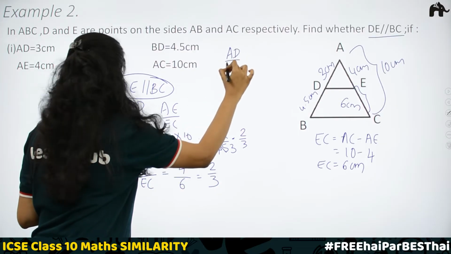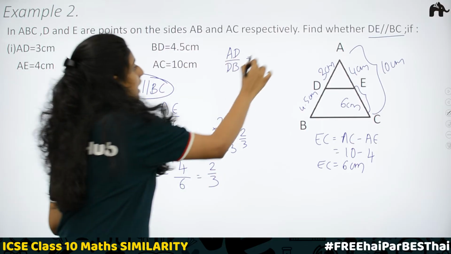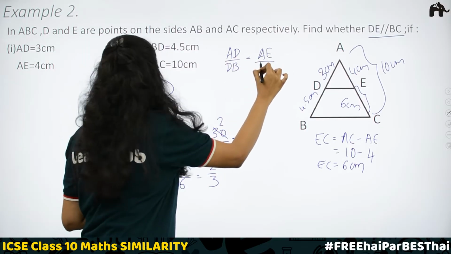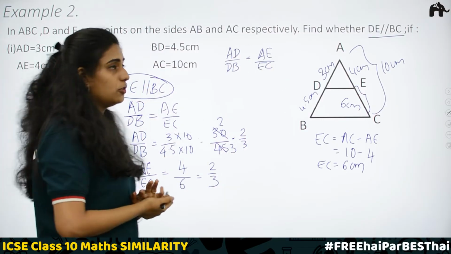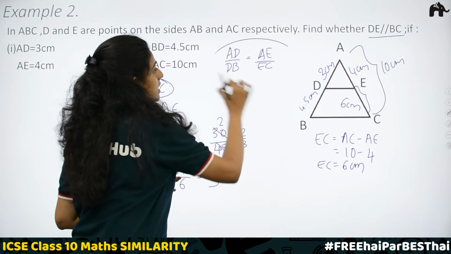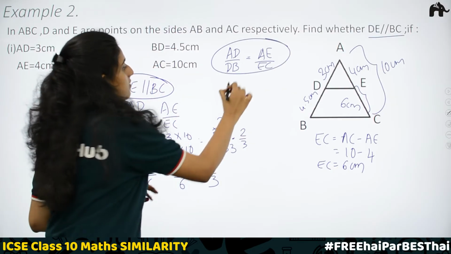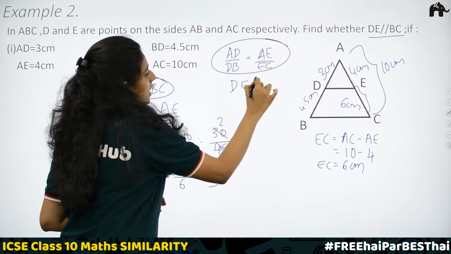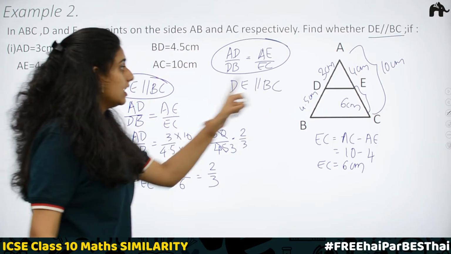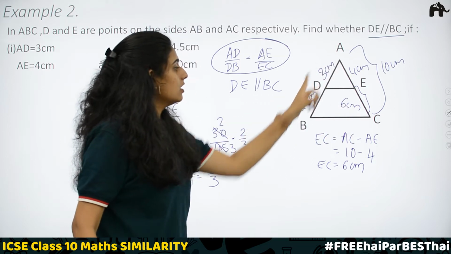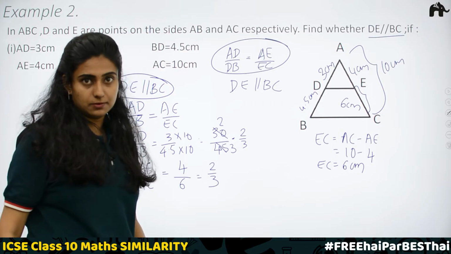Yes. From this, we can get AD by DB is equal to AE by EC. So using the converse of basic proportionality theorem, since the ratio of the corresponding sides are equal, we get DE parallel to BC. Okay, the line DE divides these two sides in the ratio 2 by 3.